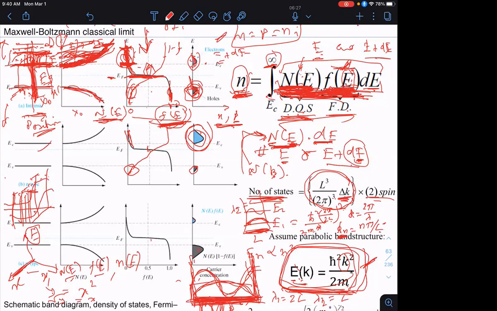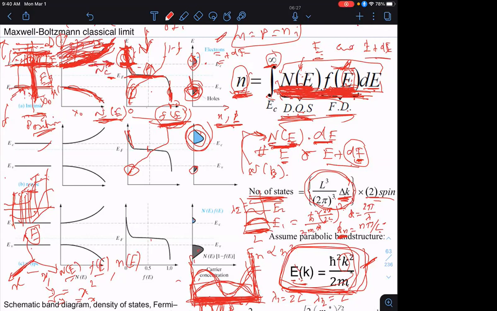That's a key point. So when I introduce this concept of effective density of states, I'm mapping this energy dependent density of states N of E to a single number at the conduction band edge, and I call it N sub C. So it's sort of like a delta function density of states.